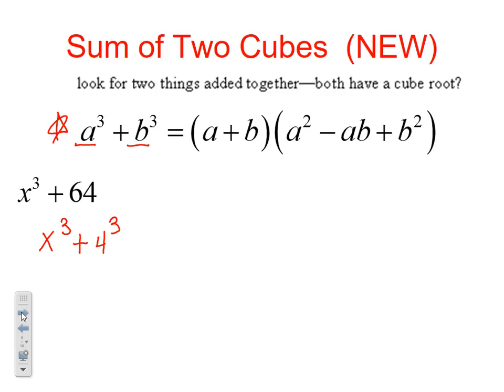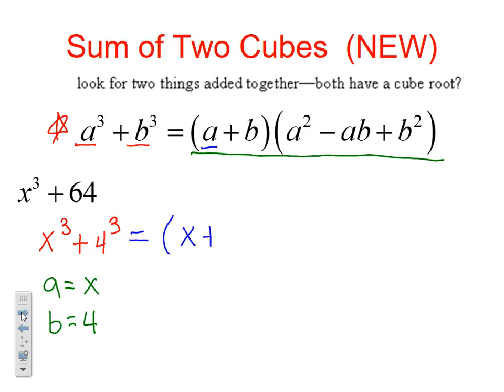My a is going to be that first thing here, so my a is x. And my b is what's going to be cubed in my second part, so that's 4. Once I know that, I'm just going to plug everything I know into this equation. So here, this is going to equal, instead of a, I'm going to put x, plus instead of b, I'm going to put 4. Now I'm going to move on to the second parenthesis.